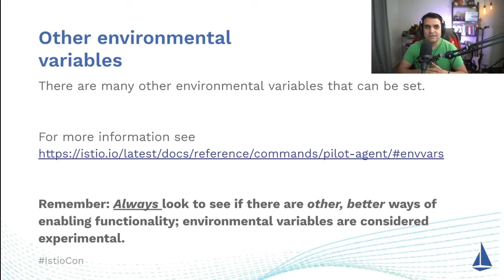While there may be limited documentation on some of these environmental variables, support for it is very limited, and it is considered experimental. So please look for other ways to enable capability, whether it's through the operator API or Helm values, to see if there are ways that you can enable this functionality in a way that is supported by the community.